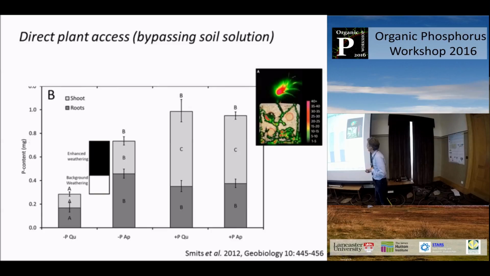What you see here is probably that a lot of this phosphorus got stuck in the fungal biomass. But at the end, you see also an increase in your shoot phosphorus. So part of the phosphorus from the apatite ends up in the plant shoot. So there is a transfer of phosphorus.